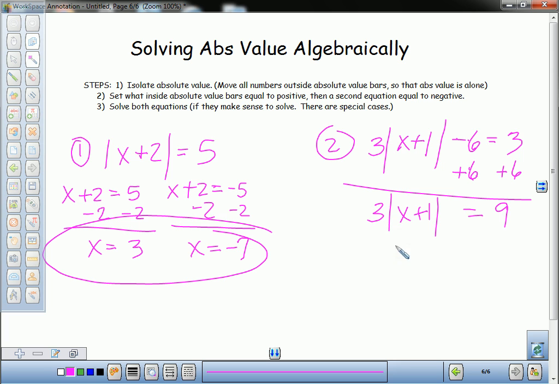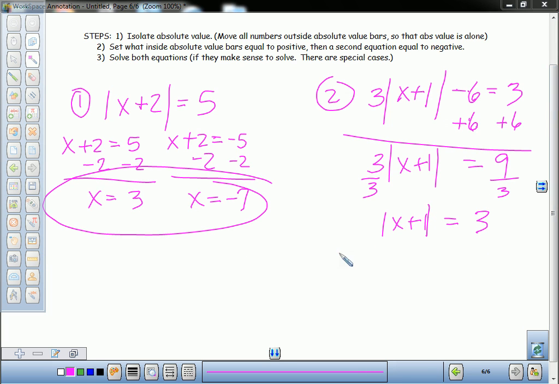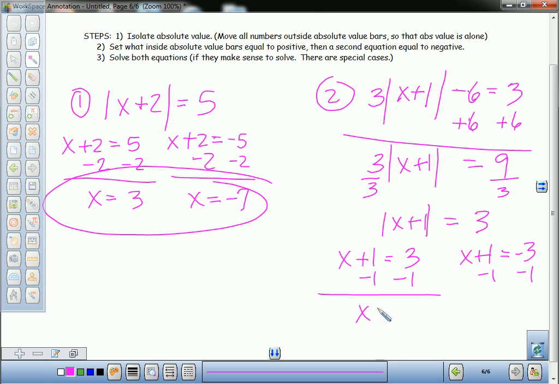And then we're going to divide by 3. So now we're in the same position. So you set what's in here equal to the positive, what's in here equal to the negative, and solve. So we get x equals 2 or x equals -4. Those are our two solutions.